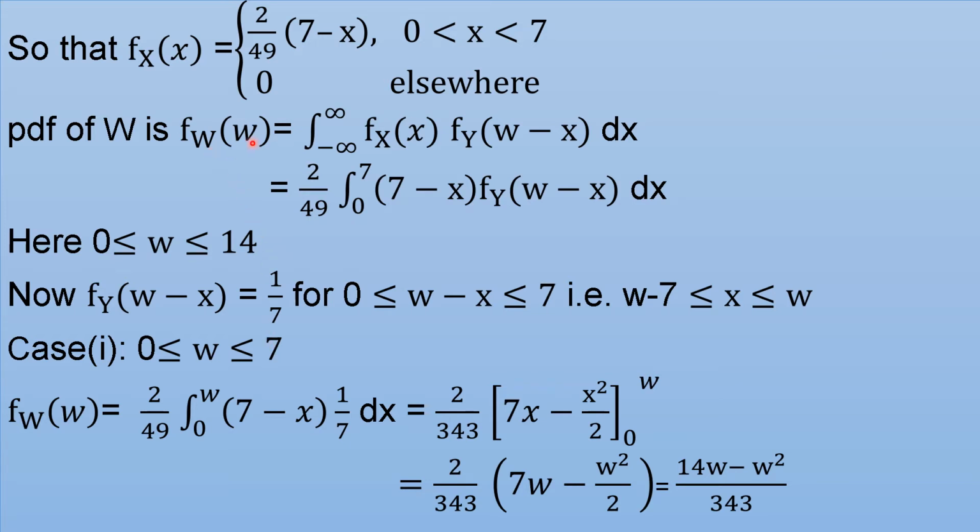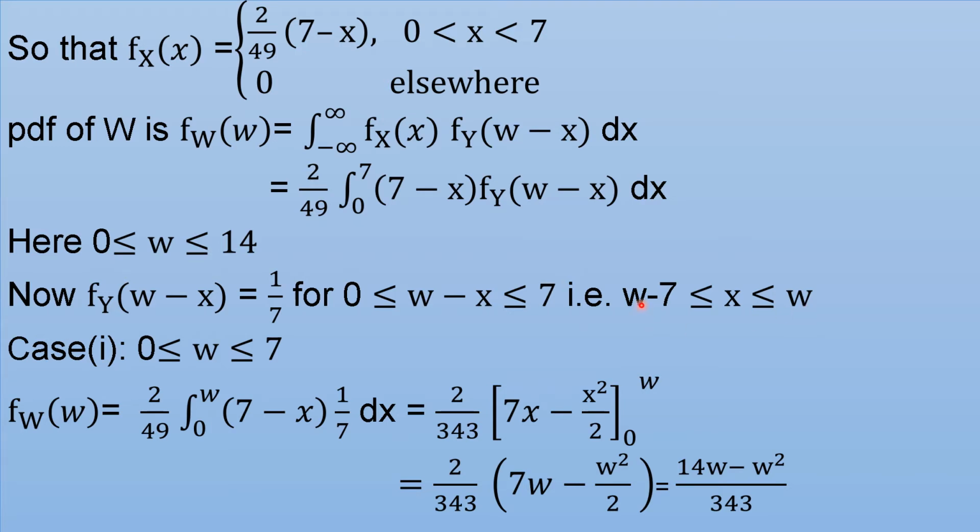We need fw of w. For that we have to substitute fy of w minus x. And fy of w minus x will be 1 by 7 when w minus x is between 0 and 7. That means x is between w minus 7 and w.